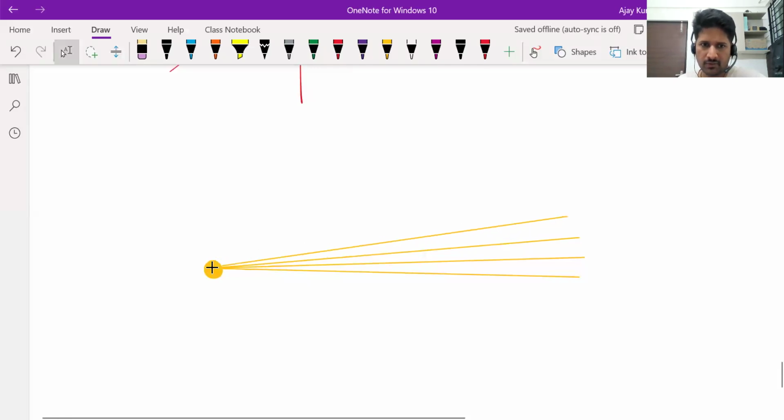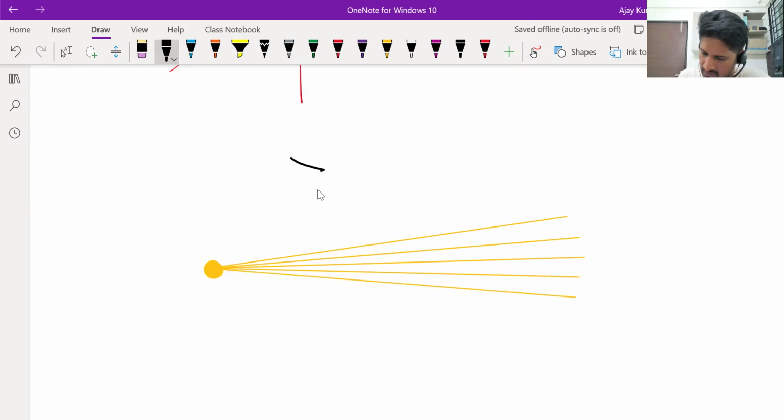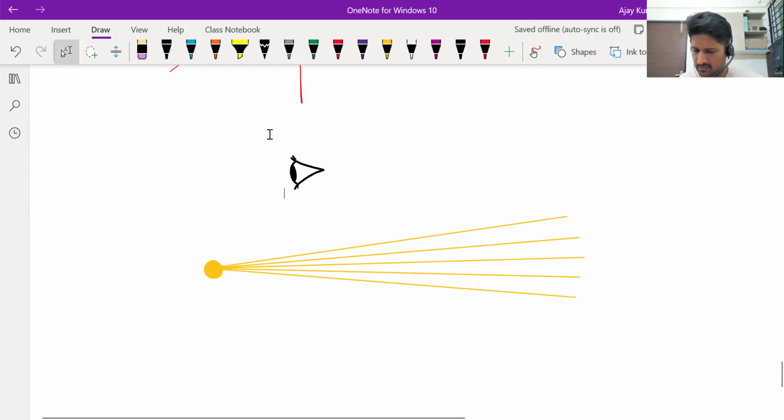This is useful for optics also actually. Let's consider a few waves emitted by this source of light. Now, if you are very close to that source, assume this is the eye of the observer, the eye lens.